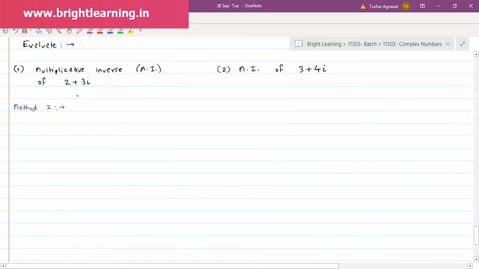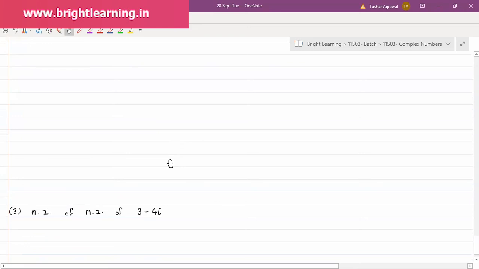No. No, read the question correctly. It's not a printing mistake, okay? What I have written is not a printing mistake. Read it correctly. Multiplicative inverse of 3 minus 4i.